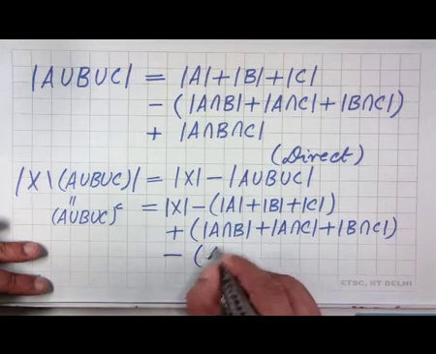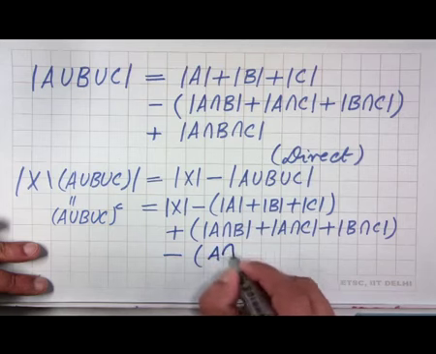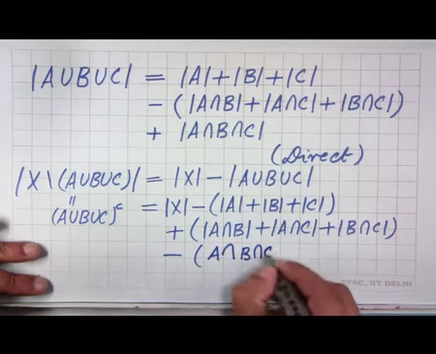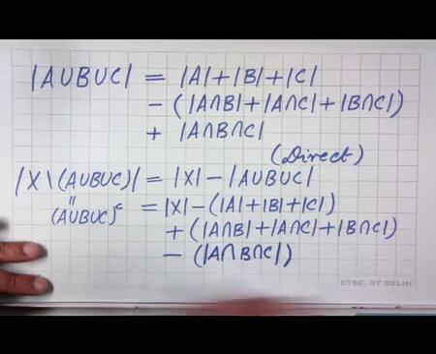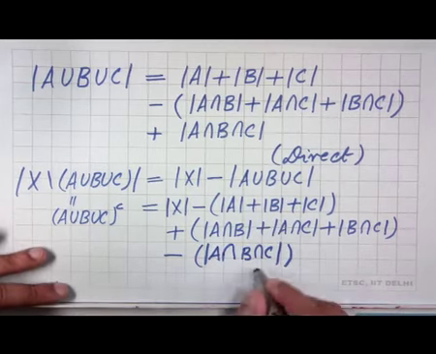I didn't have to write the bracket there. A intersection B intersection C. That bracket is superfluous, but anyways, so this is the complement version.